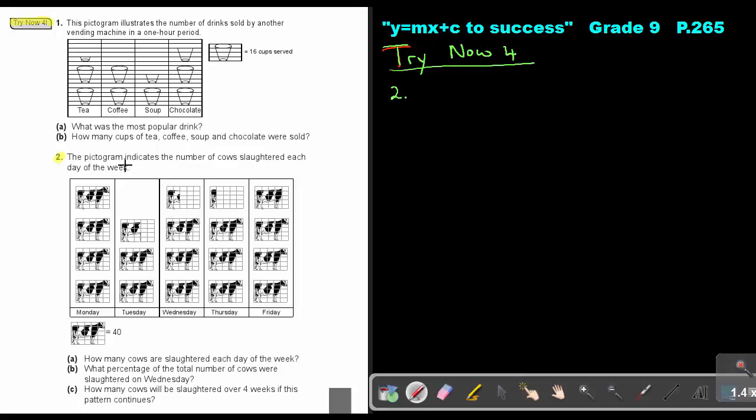The pictogram indicates the number of cows slaughtered each day of the week. As I said, always first focus on the scale. A full picture is 40 cows, but it's divided into 5 lines. So you must say 40 divided by 5, and that will be 8. So one line will represent 8.